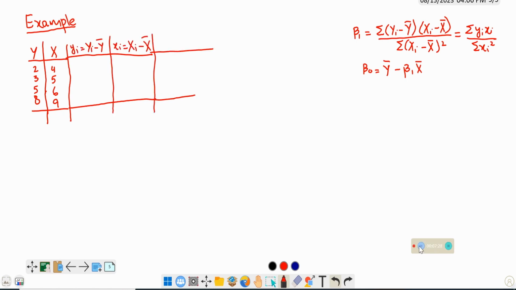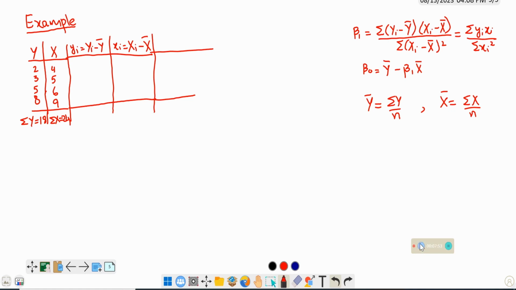To find the deviation form, we need to calculate the mean value of x and y first. The formula of the mean value of y is summation y over n, and for x is summation x over n. Here summation y is equal to 18 and summation x is 24. To find the deviation form, you need to subtract the mean value of y from each of the y observations.